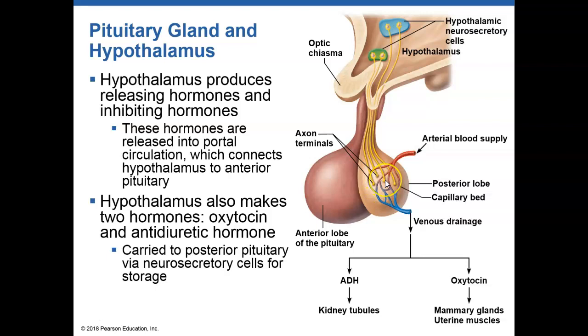Both oxytocin and antidiuretic hormone are produced by the hypothalamus, stored in the posterior pituitary, and then released when needed. The anterior pituitary is completely endocrine, and so it produces its own hormones. The hypothalamus produces releasing and inhibiting hormones that stimulate the anterior pituitary to release their hormones.